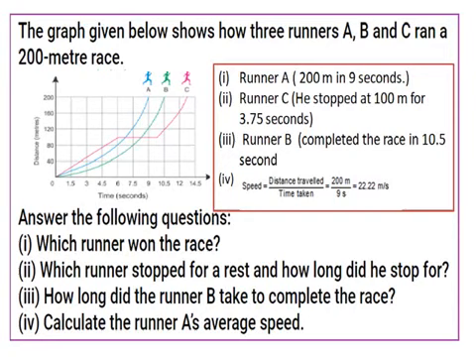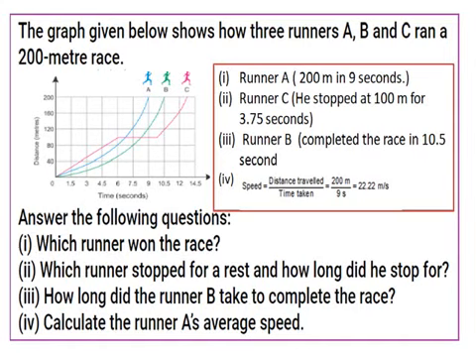Now you can see three different color lines in the distance time graph: runner A, runner B and runner C. So let us analyze this. A and B are curves, whereas C is a steep line, then it is parallel to the x-axis, and then again it is a steep line.